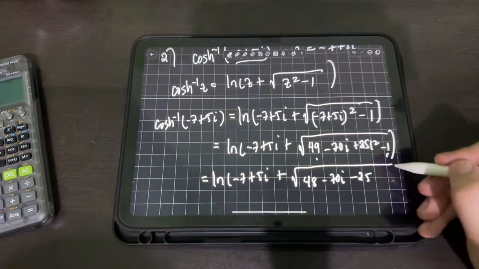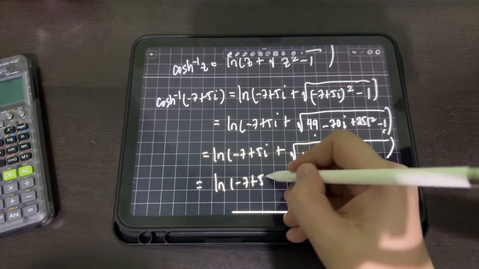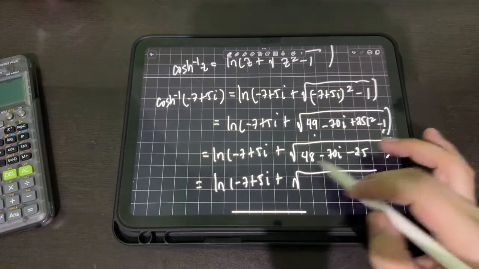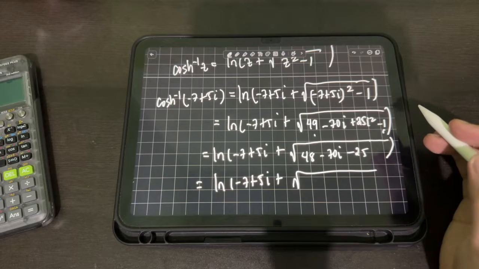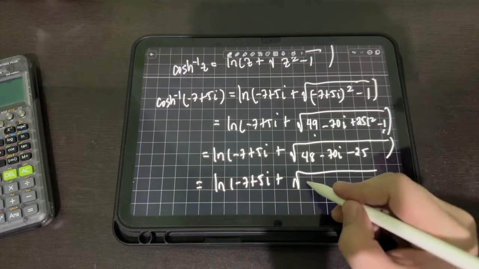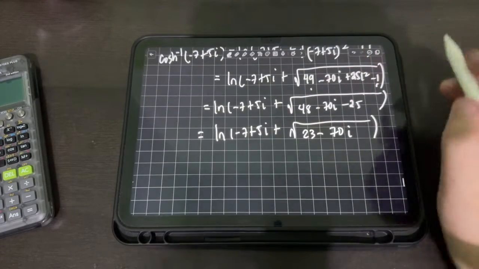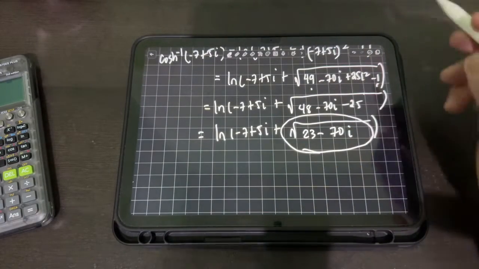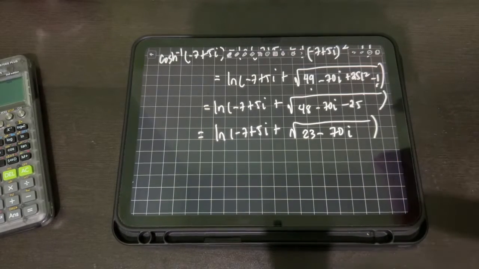Then finally combine 48 minus 25. That will be 23 minus 70i.